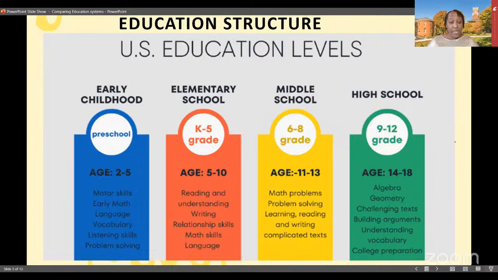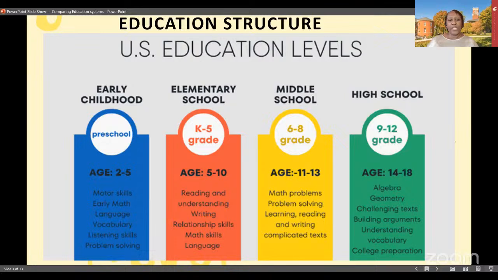From my experience as a mother who has had kids go through this system, it's usually about 3 hours a day and twice a week at the preschool level. The elementary level is K to 5, kindergarten to grade 5, ages 5 to 10.